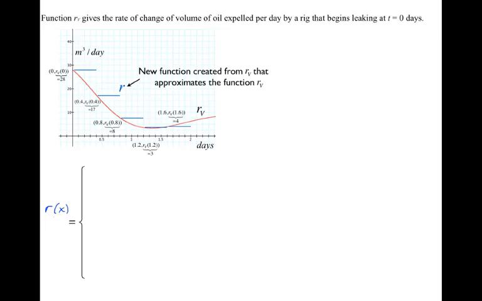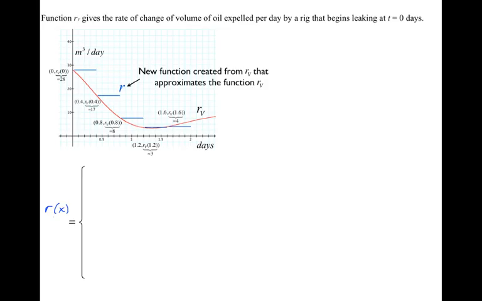So R of x equals what? Since it's in pieces like this, we're not going to have one rule. We're going to have 5 rules. Each rule is for its own part of the domain.